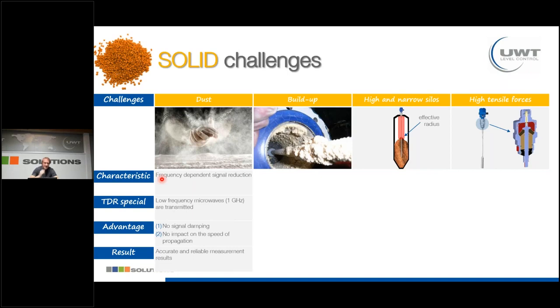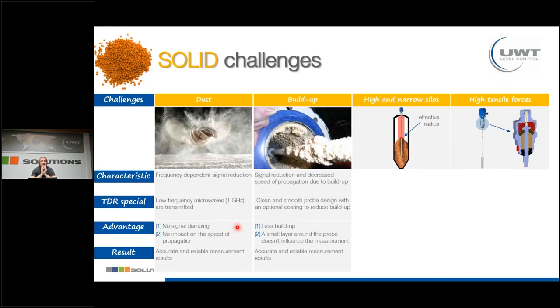TDR sensors are basically also radar sensors, but with a lower frequency than all the non-contact radar sensors operate. And this is an important point, the low frequency, because we do not have a strong dampening due to dust, and also the speed of propagation is not influenced. So with TDR sensors in dusty environments, we get a reliable and also very, very accurate measurement.